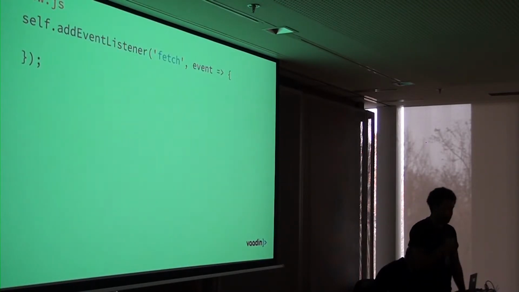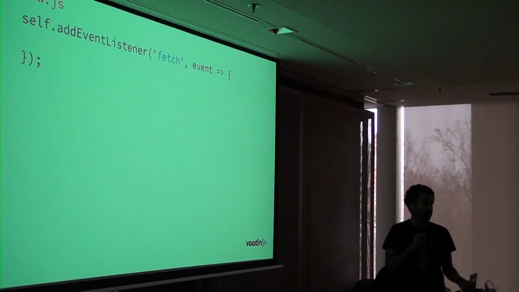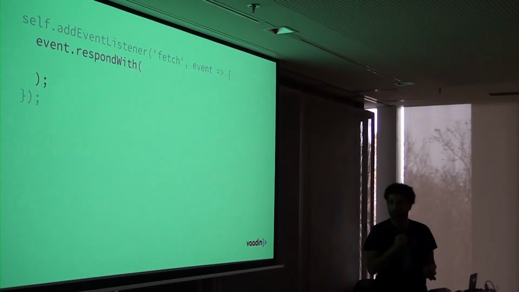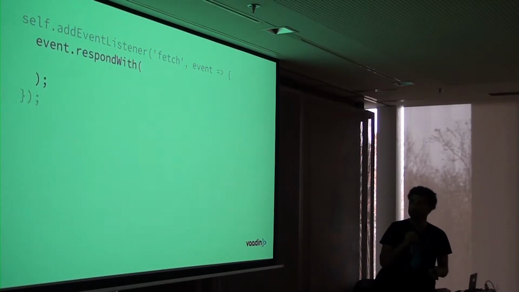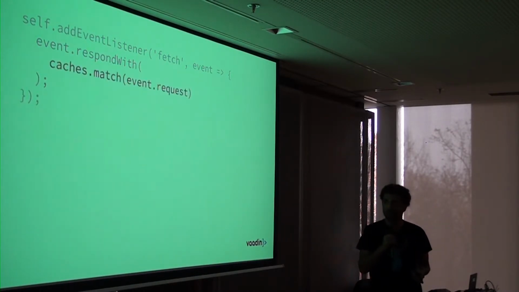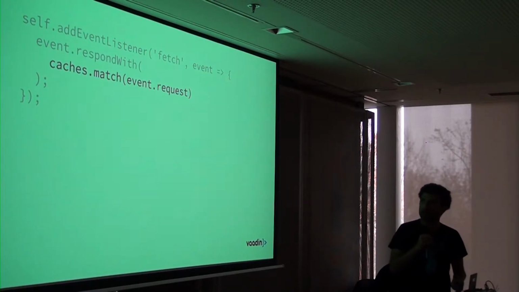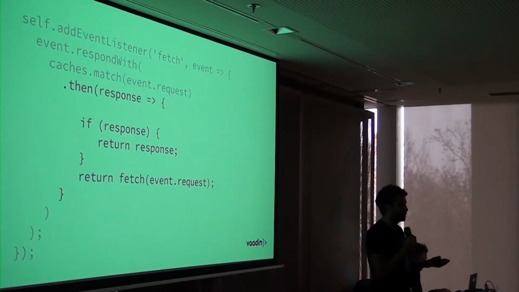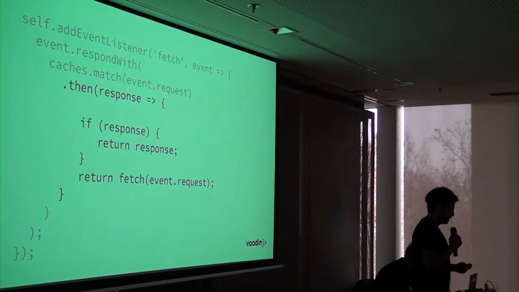Now, a few more examples. I told you one of the very famous examples is being able to cache the files and return them when you are offline. So what I'm going to do here is basically listen to the fetch event. I have a cache that I'm going to try to match, check if I have it in the cache, and fetch it if there is no interruption.